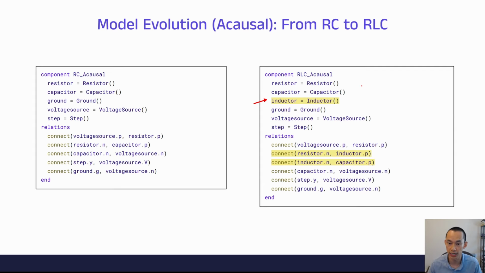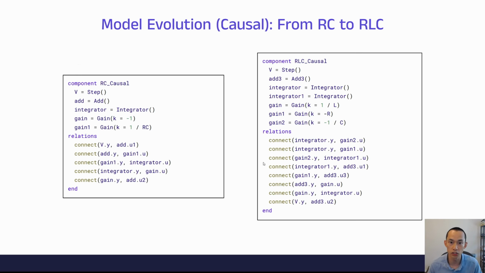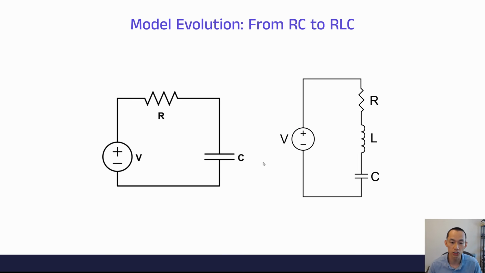So all you do is add an inductor and then you add the connect statements to connect everything in series. And that's all you need to do. You don't have to rederive anything. You're able to reuse everything you previously created. So I hope that illustrates the difference between these two approaches and how much work and time you can save by taking the Acausal framework as opposed to the causal framework.